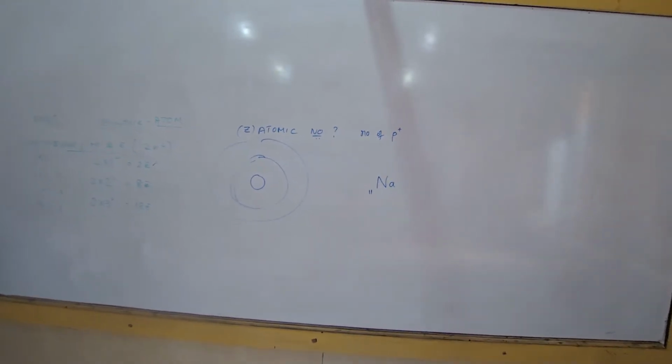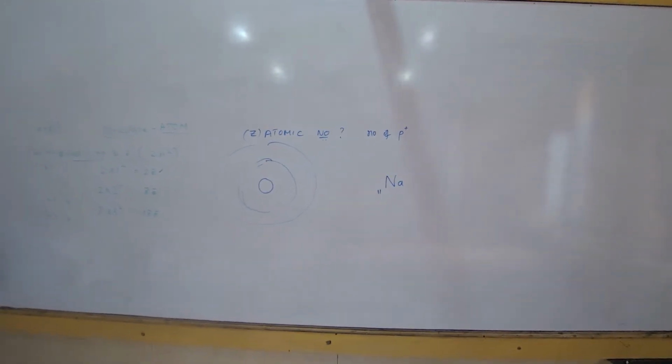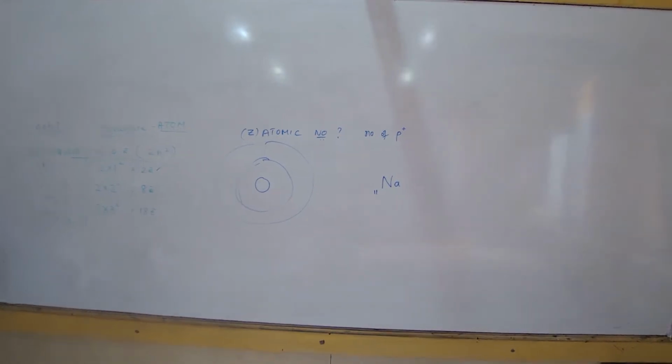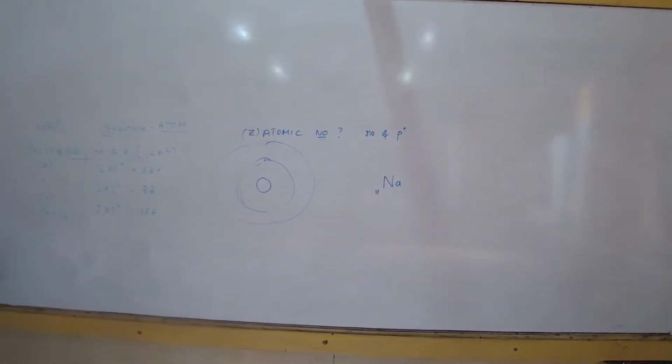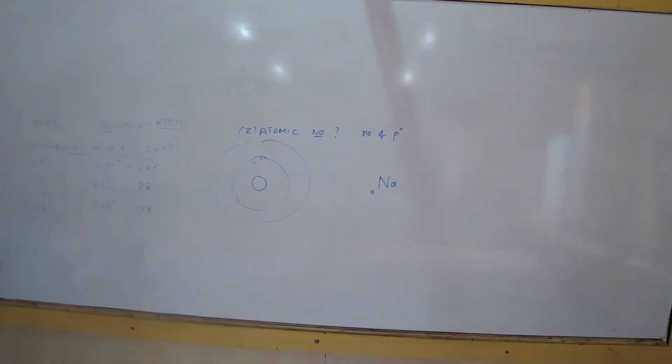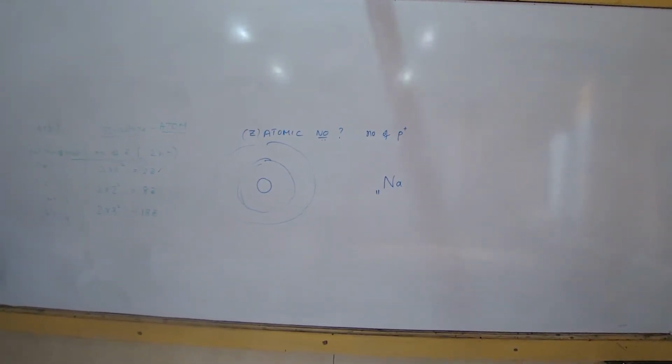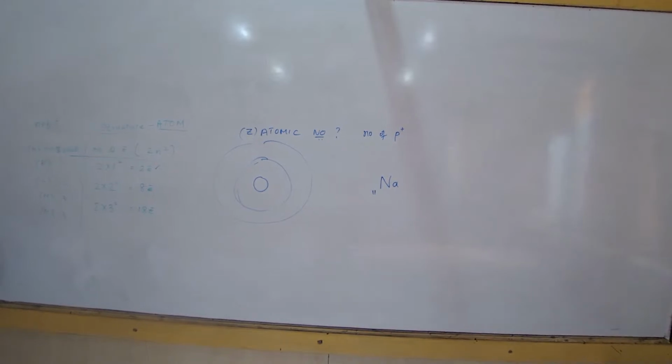Is the atom charged? Suppose it has got 11 electrons. Will it be charged? No. Because the number of electrons and protons are balanced. There are 11 protons, there are 11 electrons. Obviously, the charge is getting cancelled.